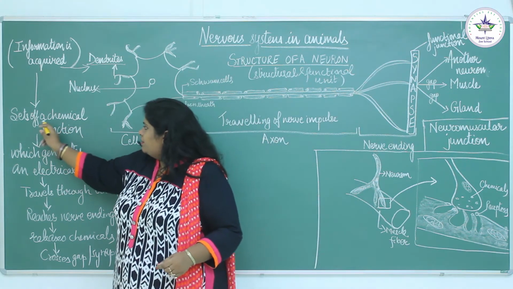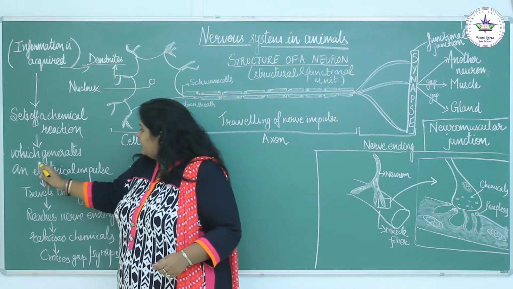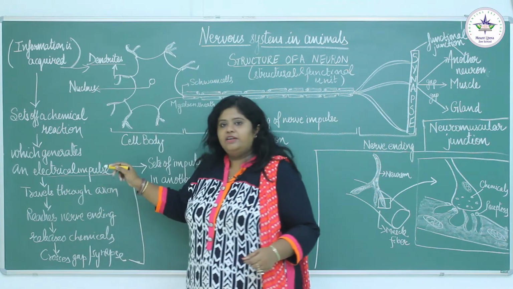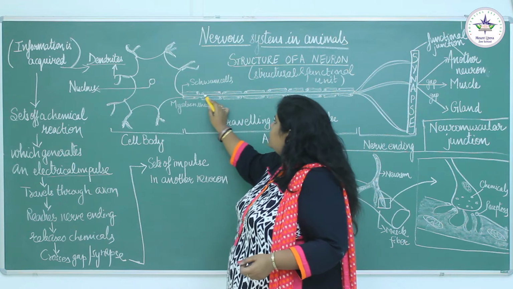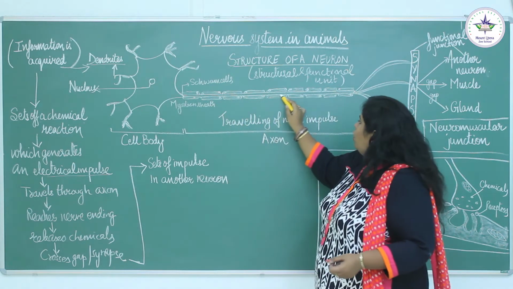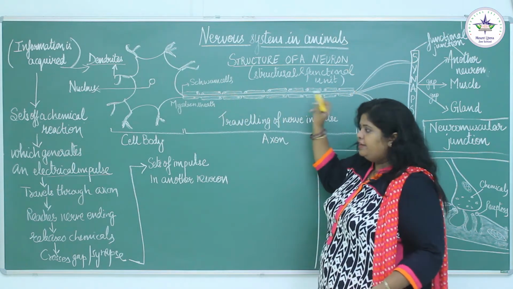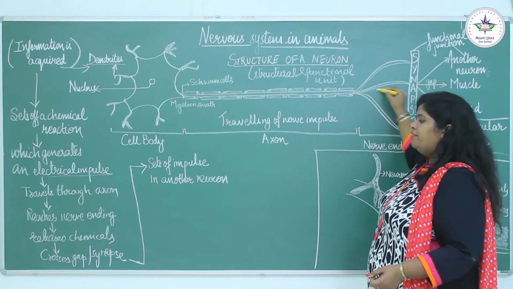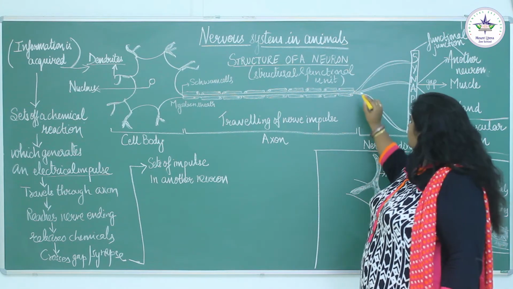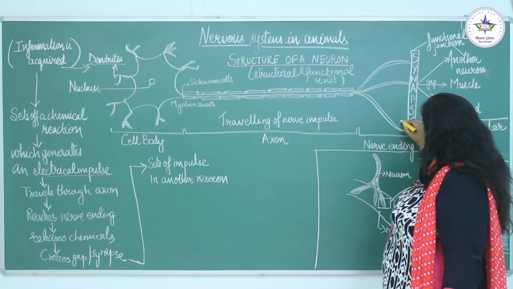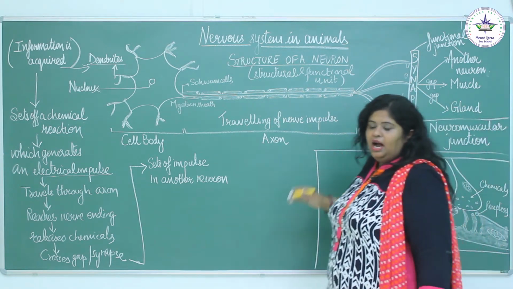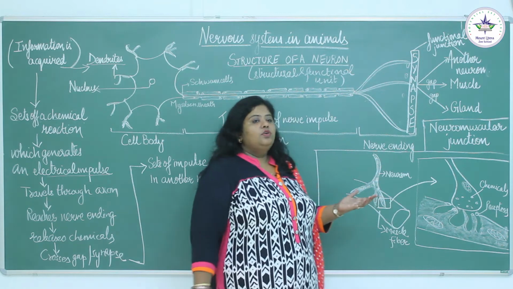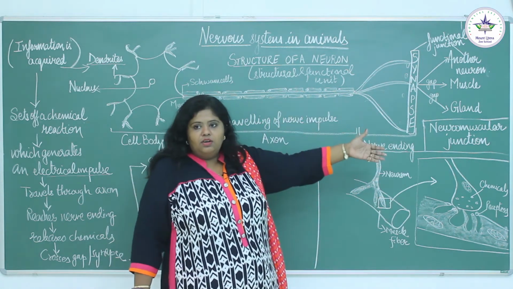Because of this chemical reaction, an electrical impulse is generated. This electrical impulse now travels through your axon all through its length and reaches your nerve ending. At the nerve ending, it releases chemicals, and these chemicals are then passed down to another organ for the action to be taken.